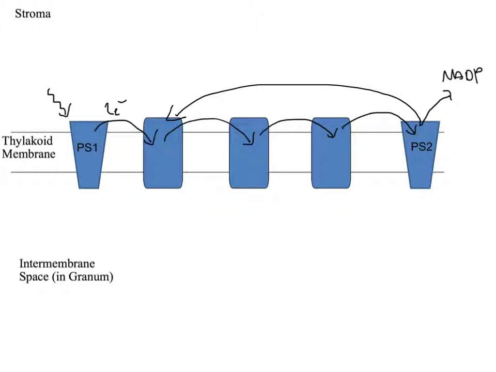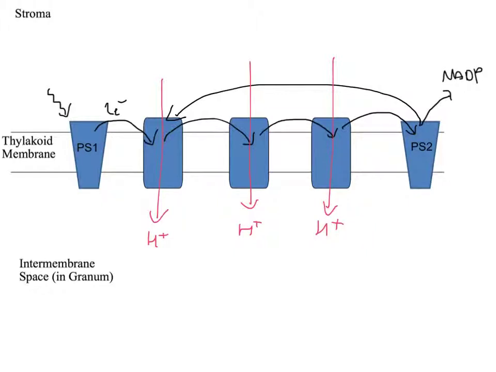Now, as this happens, each time the electrons are at a carrier, the electrons cause the carrier to be reduced. That enables the transport of a hydrogen ion into the intermembrane space within the granum. So at each point, a hydrogen ion will move through. And this can keep on recurring cyclically or non-cyclically.